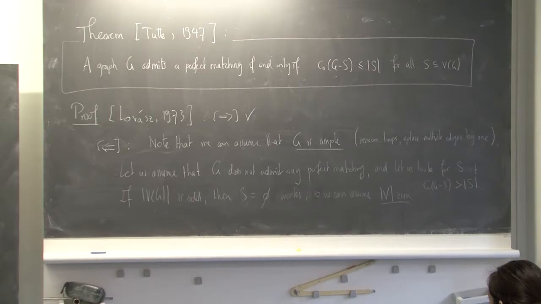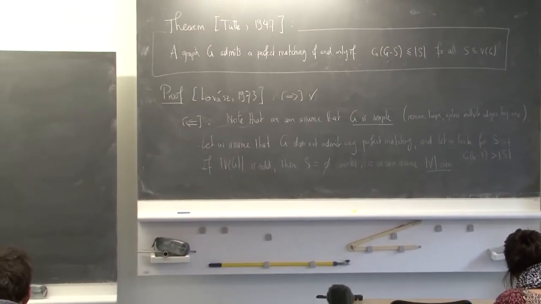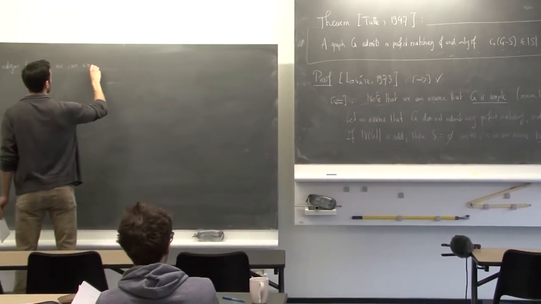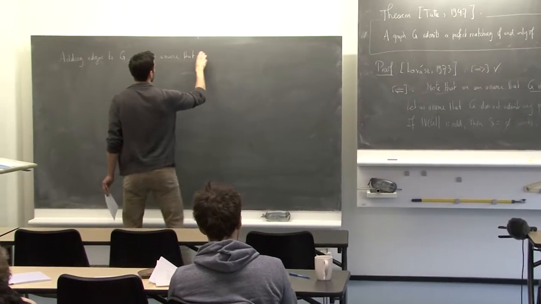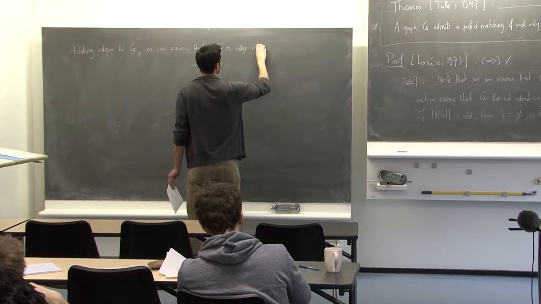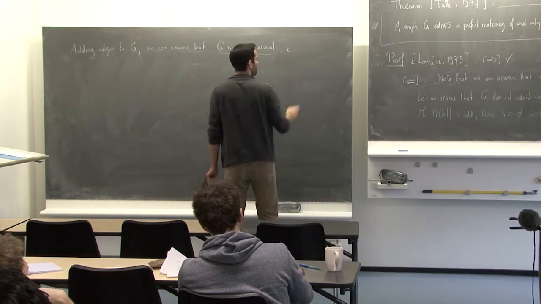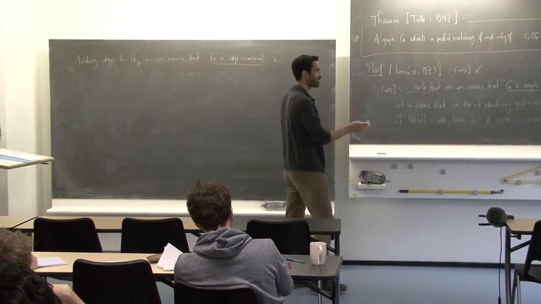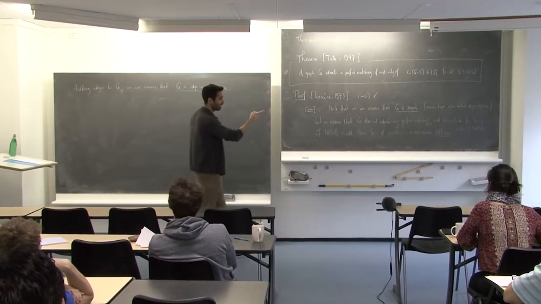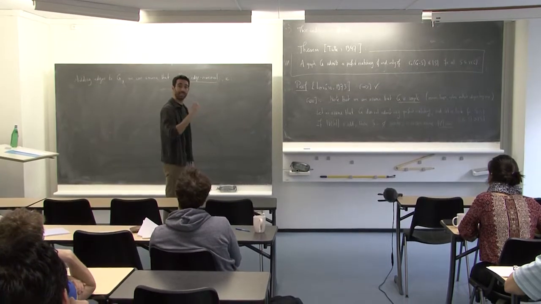Adding edges to G, we can assume that G is edge maximal, i.e., we keep G simple. We keep it without any perfect matching, but it is such that whenever I add one more edge, then it admits a perfect matching.